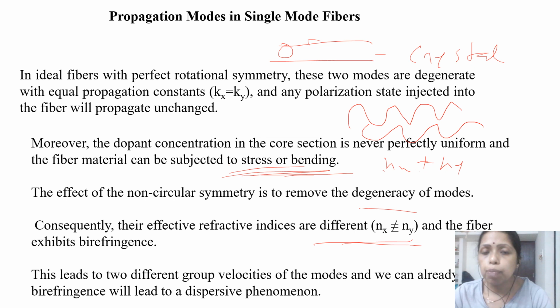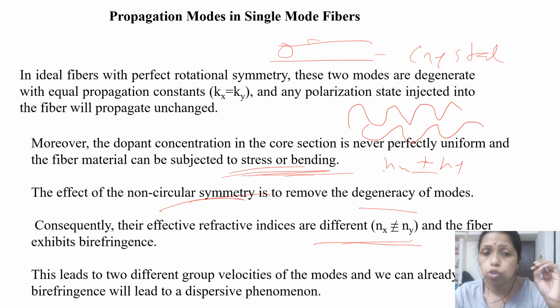So when the vertical polarization light enters, its phase velocity will change because of the change in refractive index, and the horizontal polarization light's phase velocity also changes. So Nx will not be equal to Ny in the case of the non-degenerate mode, or if any asymmetry is there.